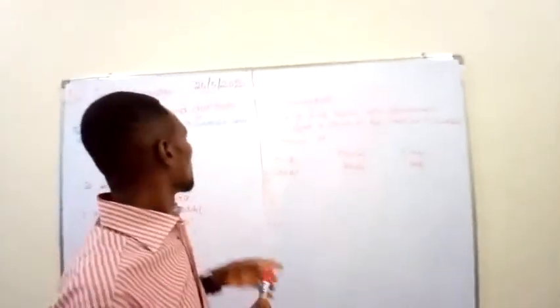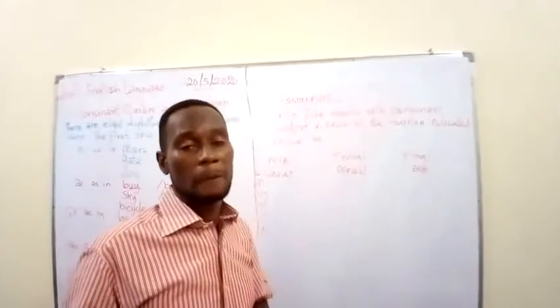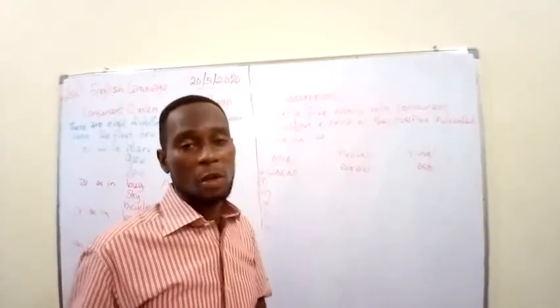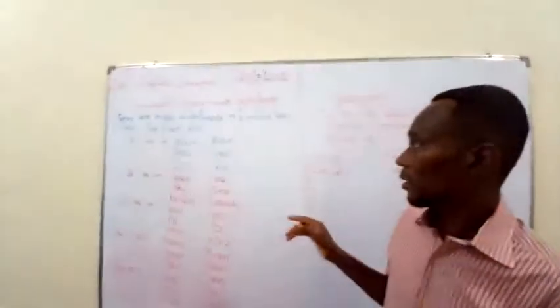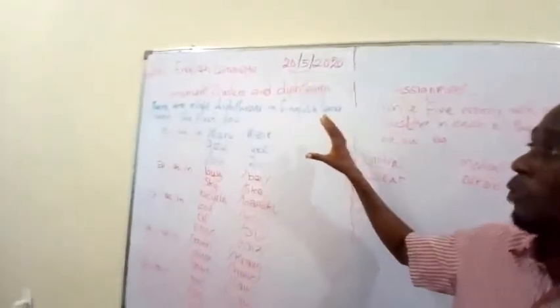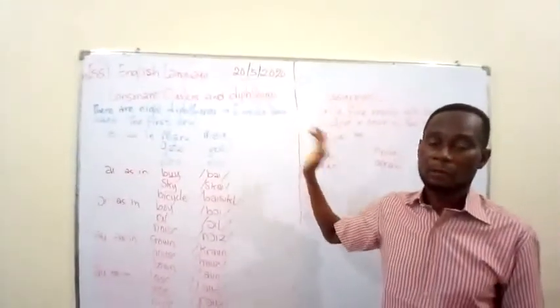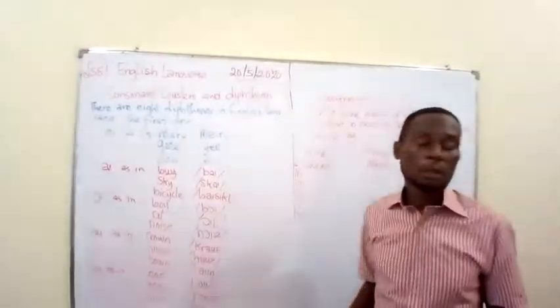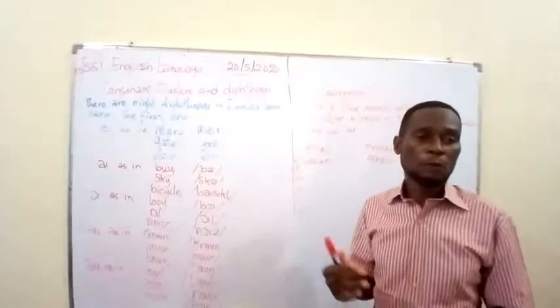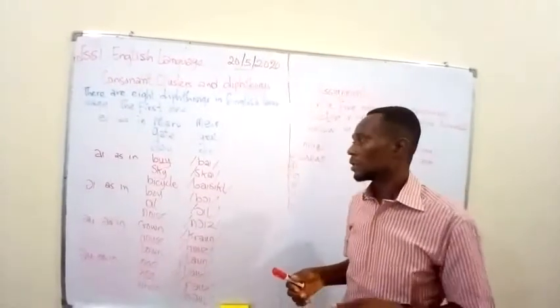We've studied consonant clusters and diphthongs. And I told you that consonant cluster is when you have clusters of 2 or 3 in a particular region of a word. And then diphthong is when 2 vowel sounds, 2 monophthongs, come together to make one sound.